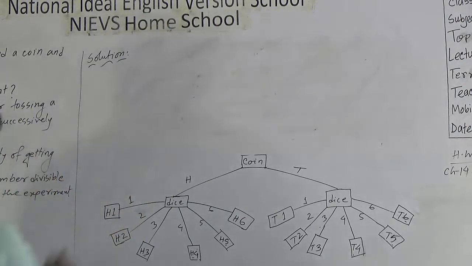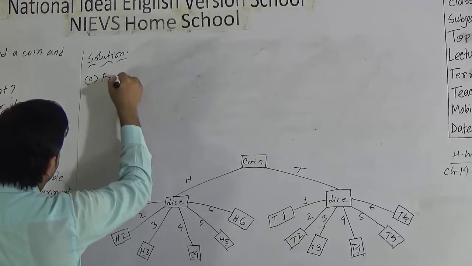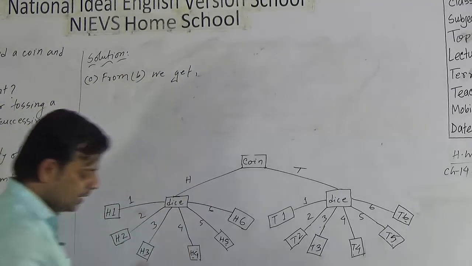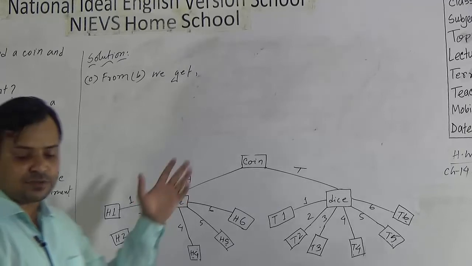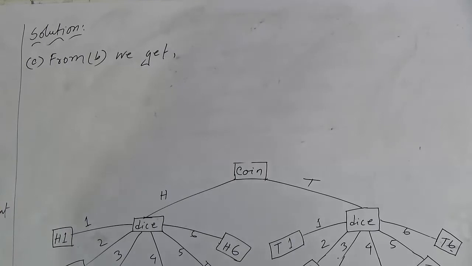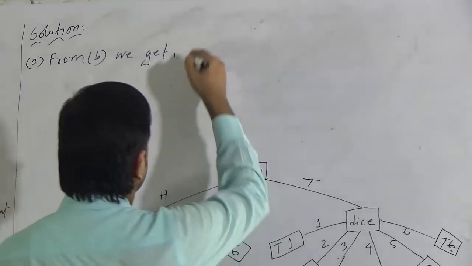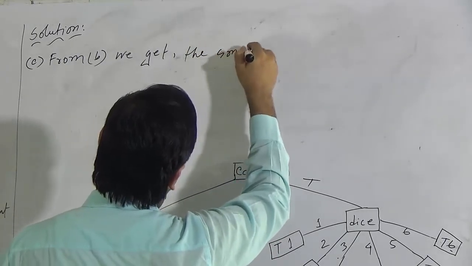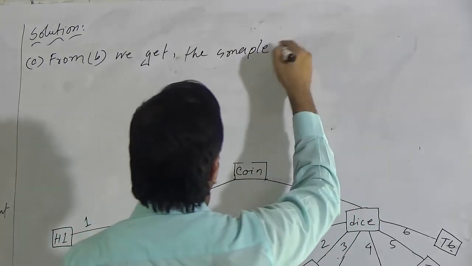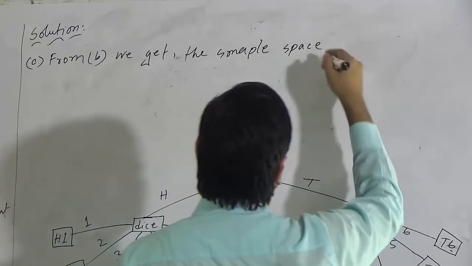Okay, dear students, so we can write C. From B we get, what will we get from B? From B we get the sample space, or the total outcomes included in a set, that is known as sample space.